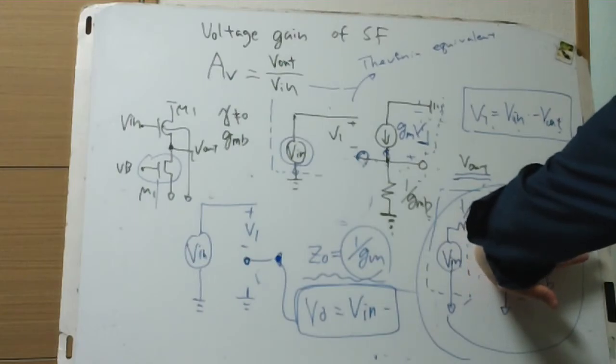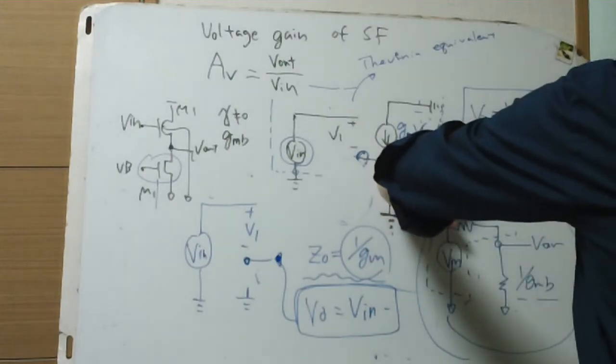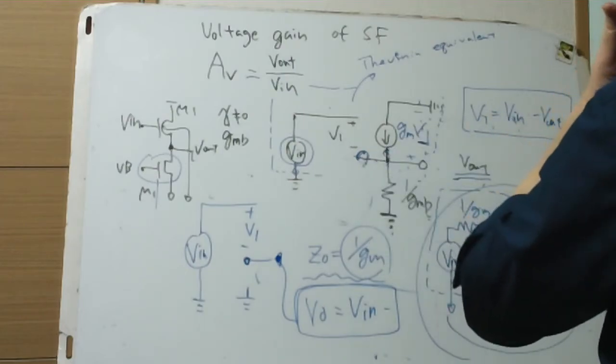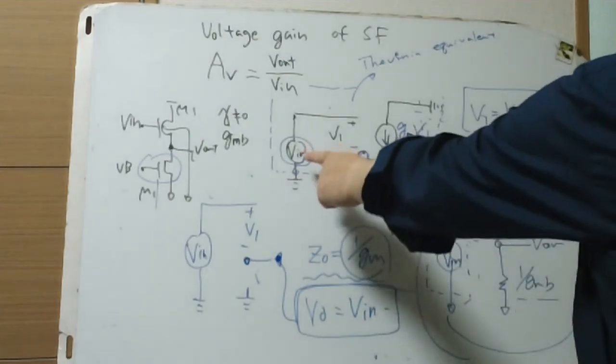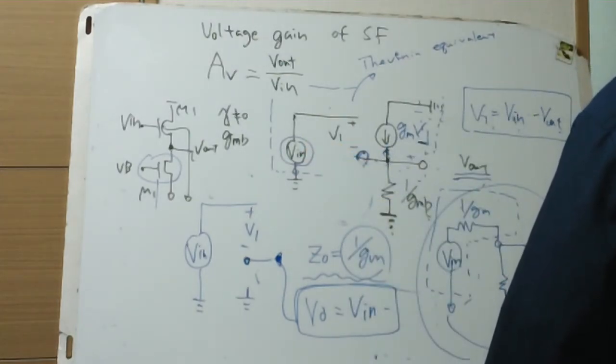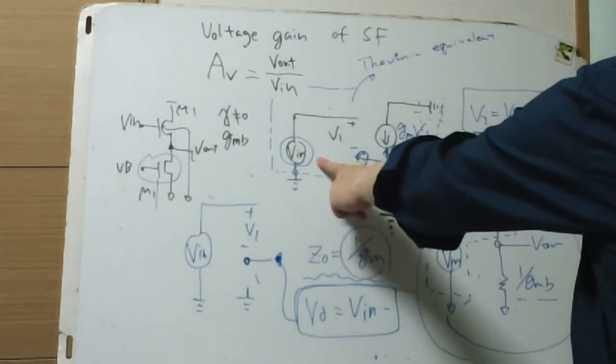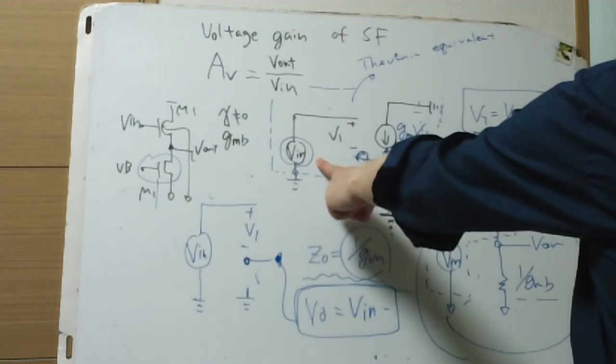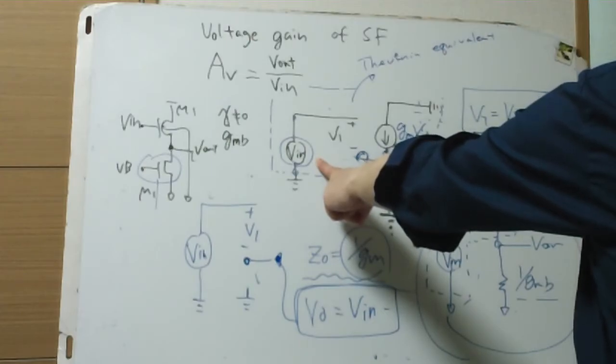V out over this is V1. One V1 disappears. Just V in. Why just V in? Because there's just the source of V in.